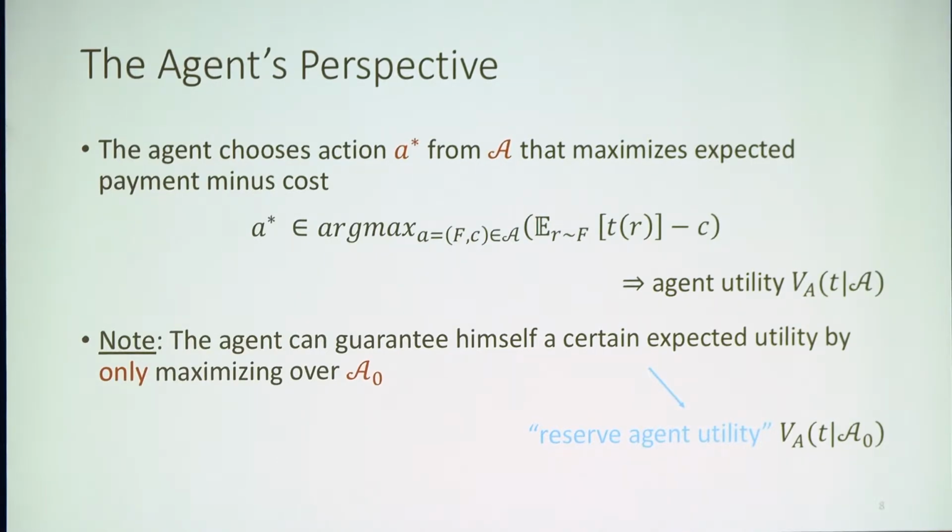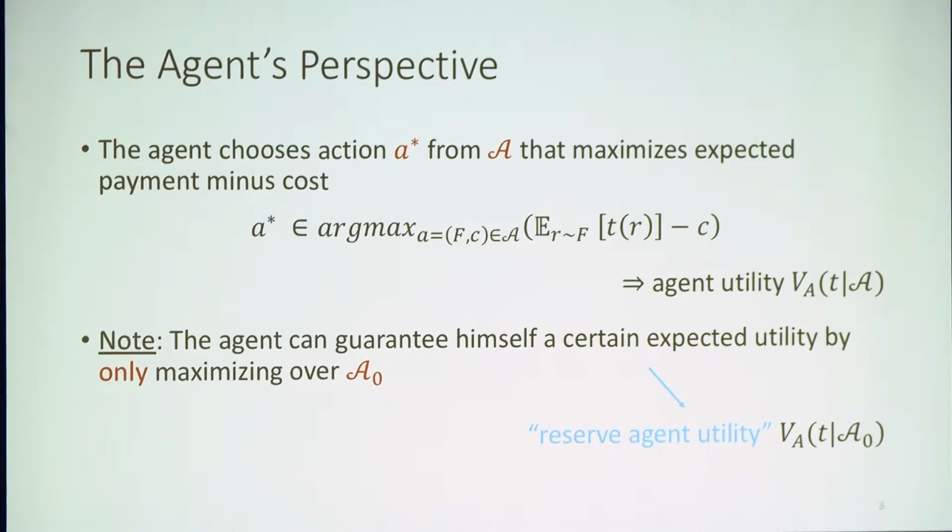And in particular, any such action A star, this maximizing set, will imply a certain agent utility. So that's where I'm adopting Carroll's notation here. So I will write V(T, A) for this. So it's the value, if you want, of the agent for the contract or under contract T given set of actions A. Okay, notice that from the agent's perspective, there's sort of some notion of a reserve agent utility that he can achieve, right?